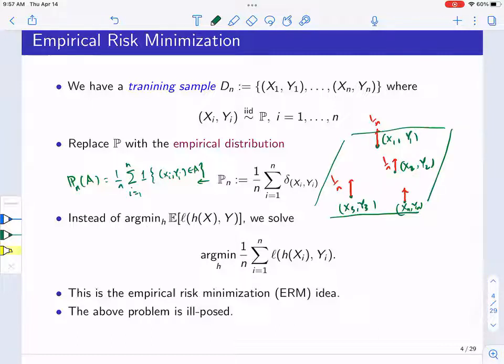Outside, let's say L is the quadratic loss. The loss might not necessarily penalize, but for the quadratic loss, that's the best that you can do.